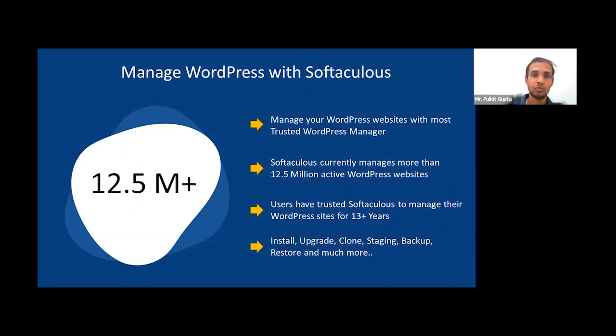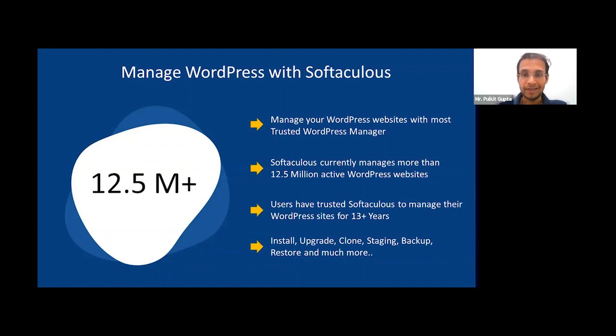So you can manage WordPress via Softaculous, which was one of the first products we introduced around 12 to 13 years back. Softaculous is available in WebUzo. It's actively used. It's also available in all other control panels like cPanel, Plesk, DirectAdmin, Vesta CP, etc. We support overall 13 control panels with Softaculous alone.